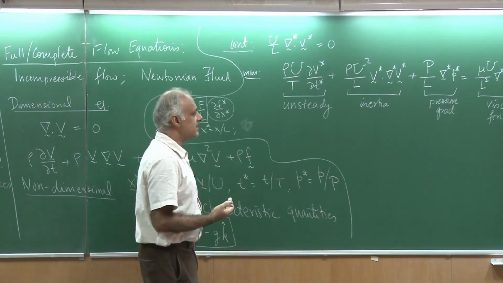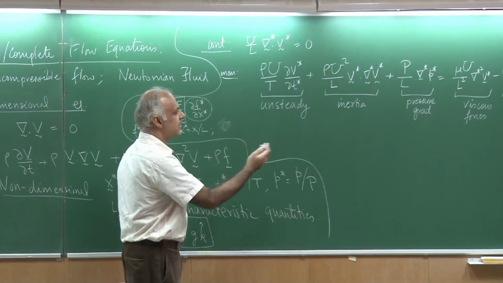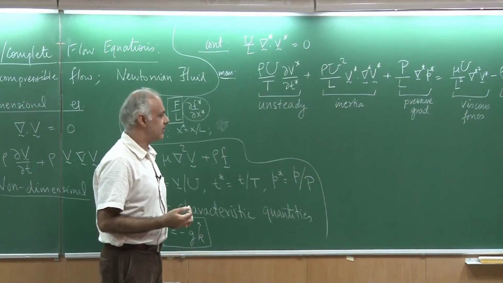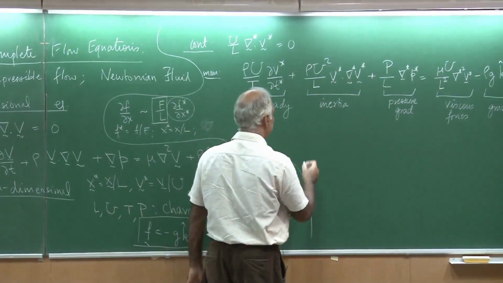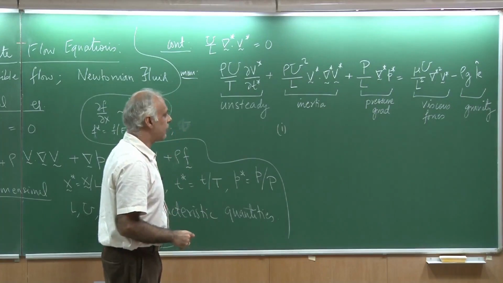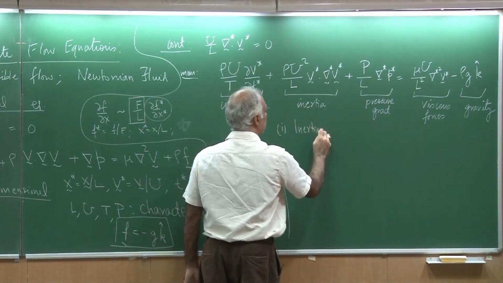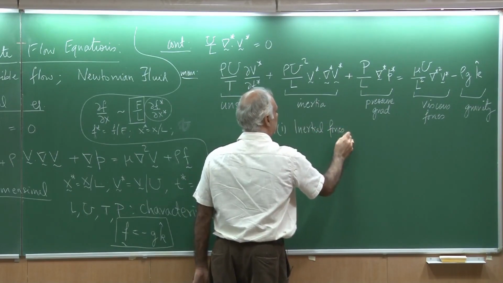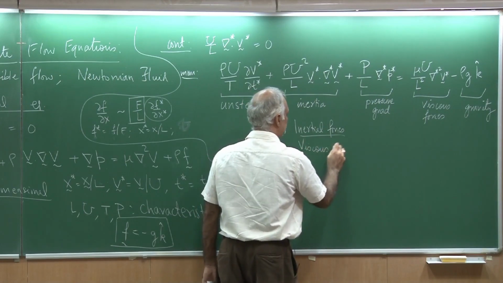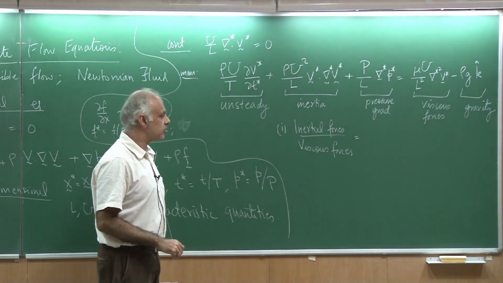Now I want to ask myself, what about the significance of these terms, or the weightage of these terms compared to each other? Okay. So let me make a table. The first comparison that I want to do is, what about inertial forces compared to viscous forces? How do I estimate the ratio of those?